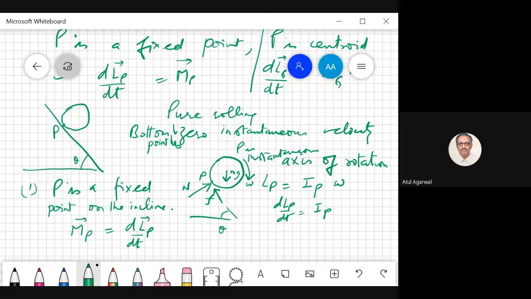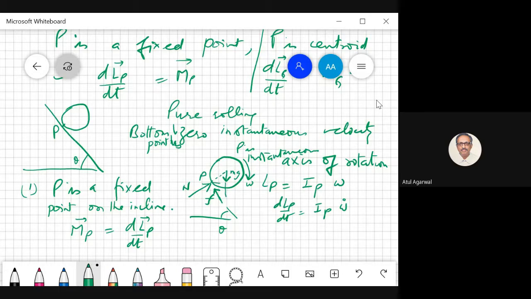Ip into omega dot, your angular acceleration. Any problem? And what is the moment of the forces? You see the normal force and frictional force are passing through point P, so they are not going to cause any moment about point P. Only the gravitational force will cause a moment about point P.